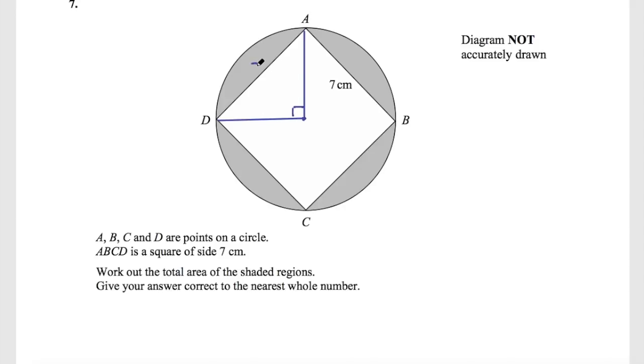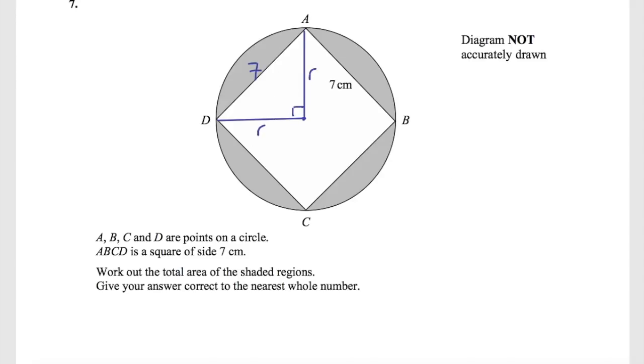So what we have here is a right angle triangle with a hypotenuse of 7. These lengths must be the same because they're both radii of the circle. So of course all radiuses in a circle are the same length. So this allows us to solve for that length there. That will give us the radius. And actually, let's label that r for radius.